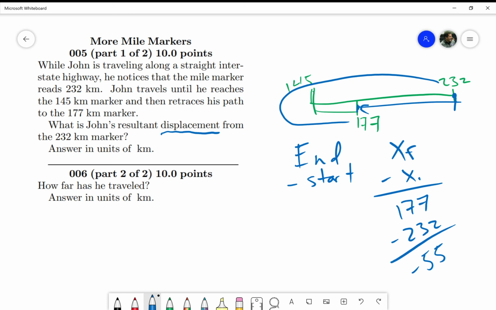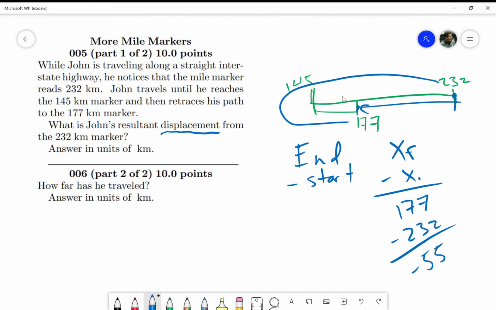Now, how about how far has he traveled? Well, going back to this picture over here, he went this distance and then he went that distance. His feet felt both. Now distance does care about direction. It does care about how you got there. So we need to get these distances and add them up.